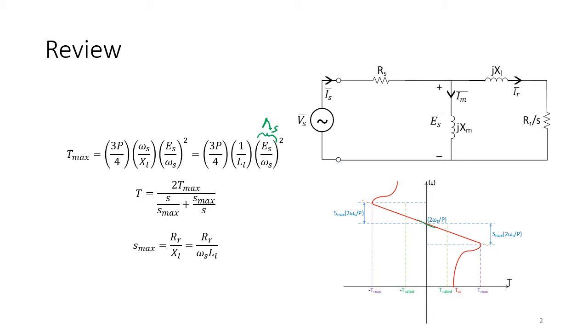Tmax. And we said that it can be a problem, because if our motor is starting under load, and the TSS, your driving torque of the motor, is less than your load torque, you never start rotating. Your motor will stay still, because you need a driving torque larger than your load torque opposing it.